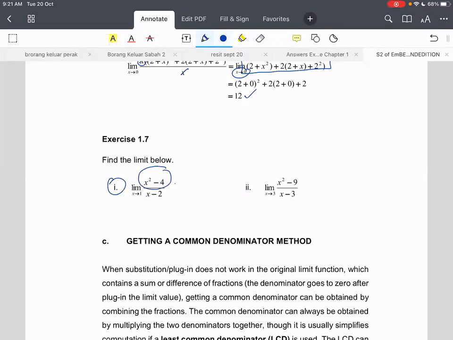So it will become minus 2. Come again. What is your answer?